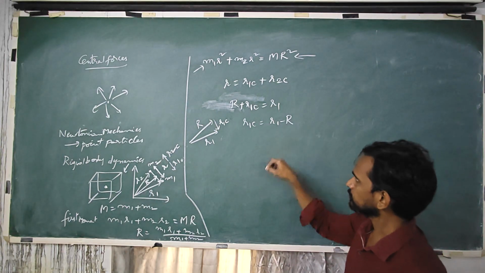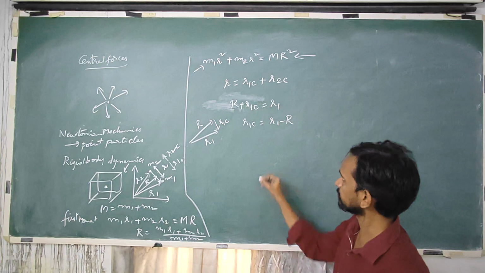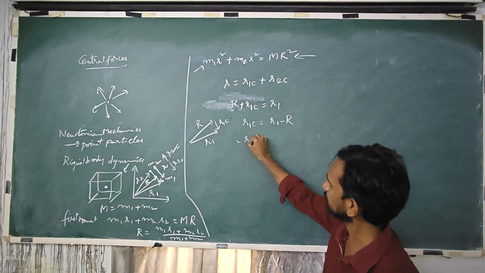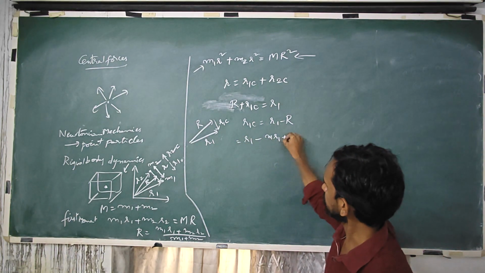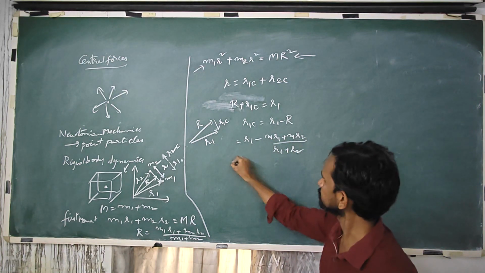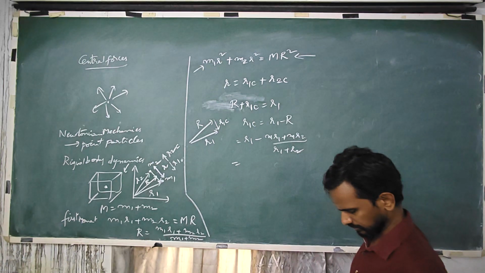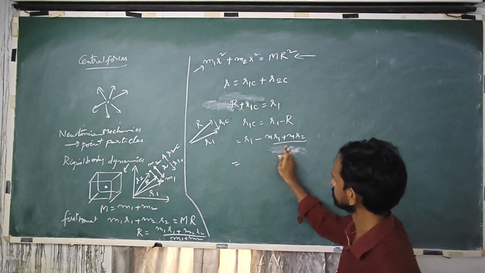So what is that? R is equal to m1 r1 plus m2 r2 by m1 plus m2. So R1 minus (m1 r1 plus m2 r2) by (m1 plus m2).